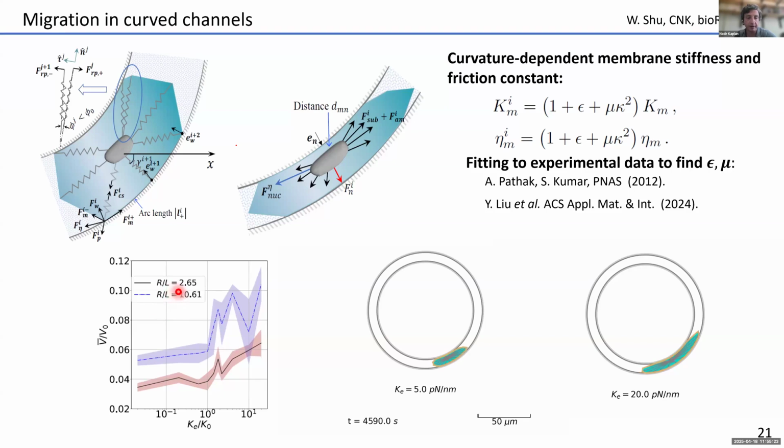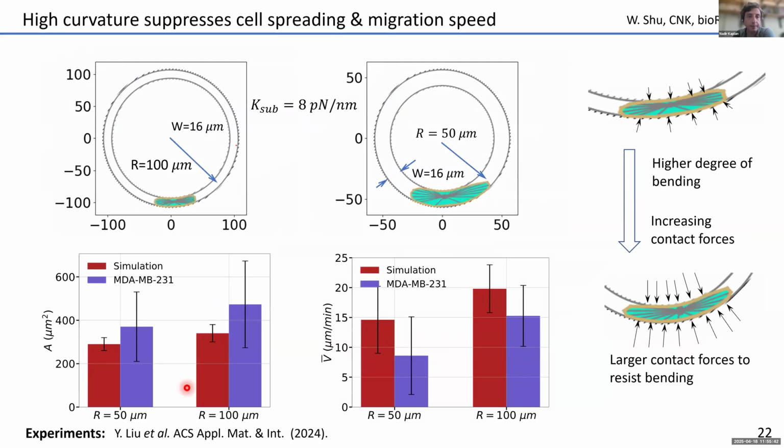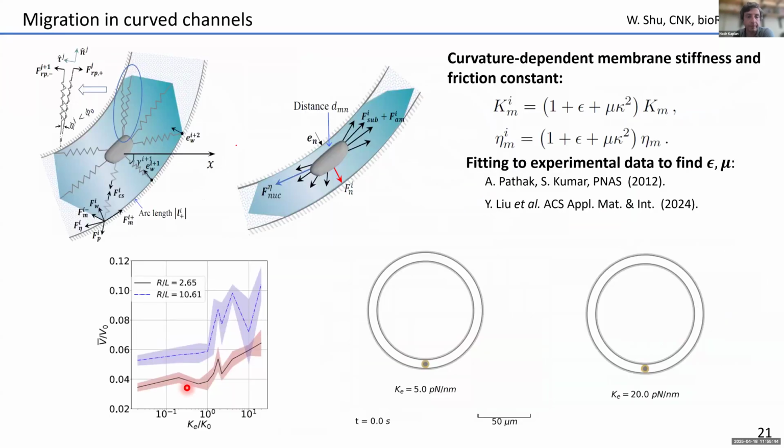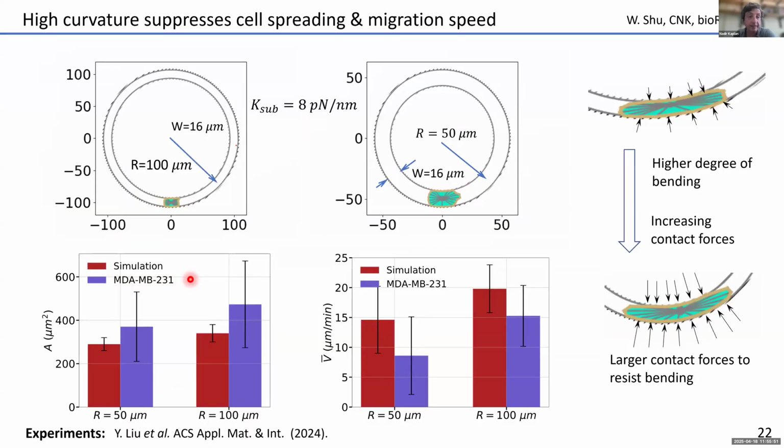If the radius is smaller, meaning the cell is moving in a more curved channel, what we observe here is that the velocity is increasing. Sorry, it should be the other way around. I'm sorry. The velocity is decreasing as a function of channel curvature. And this is simply because high curvature suppresses cell spreading and migration speed.